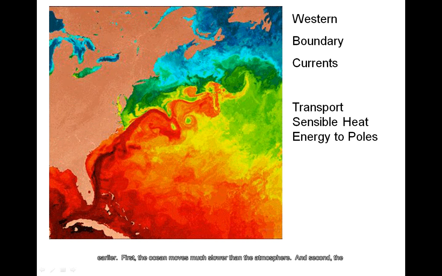And second, the water molecules in the ocean are still liquid, so it only transports sensible heat energy. But for the water molecules to get into the atmosphere, it must evaporate by first warming up and then absorbing the huge latent heat of vaporization energy. So the atmosphere transports both sensible and latent heat energy as well.